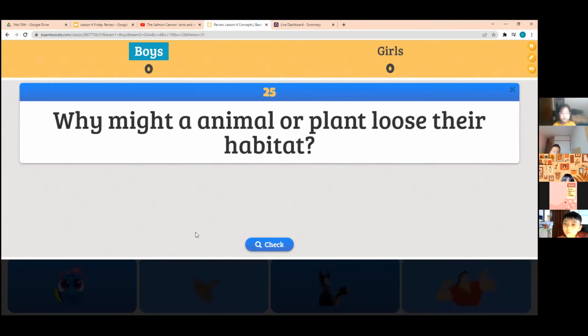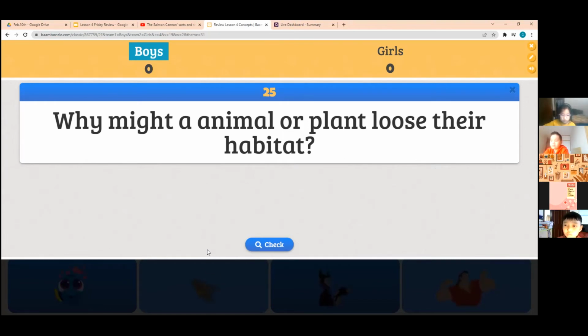Many animals lose their habitat to make their own habitat. Yeah, but can you just tell me one way they might lose their habitat? What might cause them to lose their habitat? They died. Not if they die. What else? What can make them lose their habitat? Think about something that can happen that would make them lose their home.